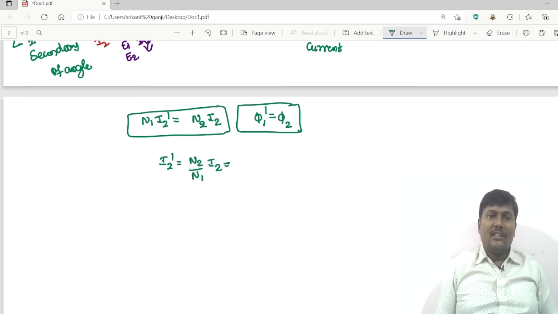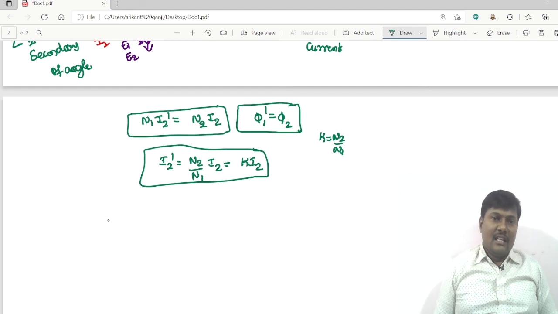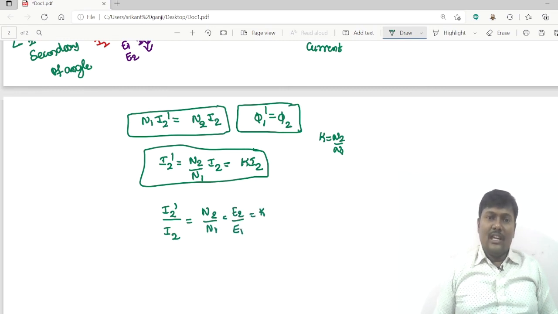What is N2 by N1? N2 by N1 is the transformation ratio K. So I2 dash is equal to K times I2. And here I2 dash divided by I2 is equal to N2 divided by N1, which is equal to E2 divided by E1, equal to K.